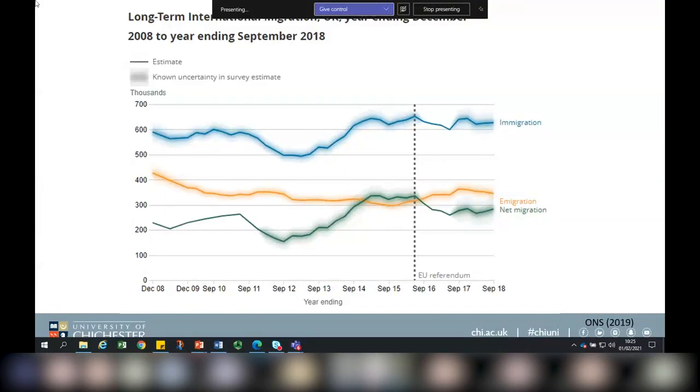Okay, so a big concern back in 2012 was going from quite a low point of net migration to quite a high one. You can start to see here that since the EU referendum, we've started to see reduced net migration.